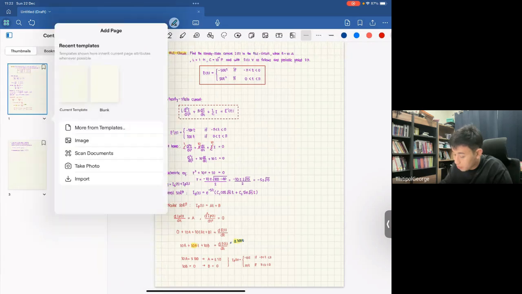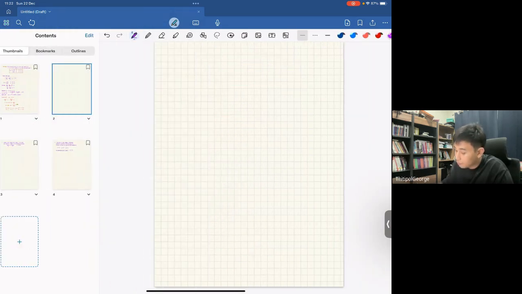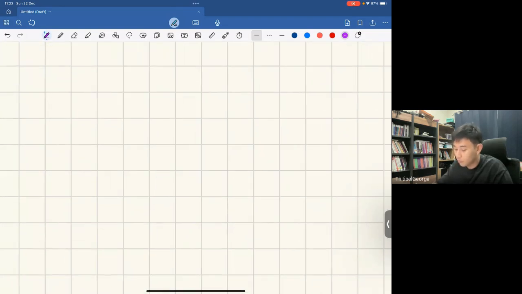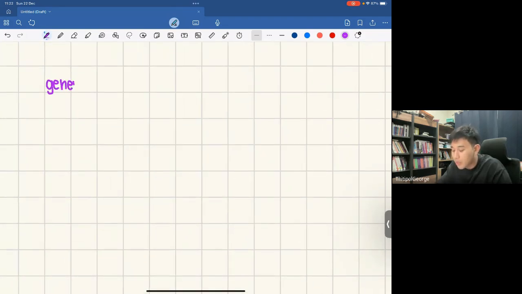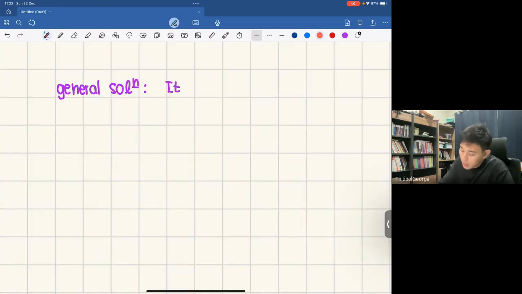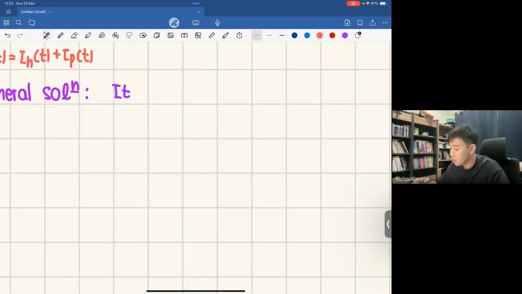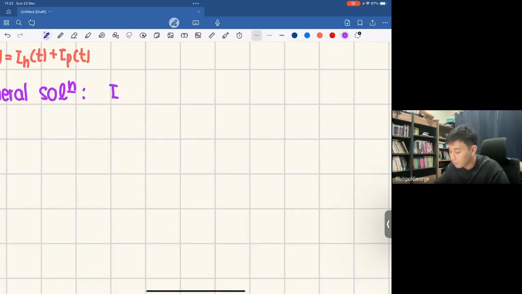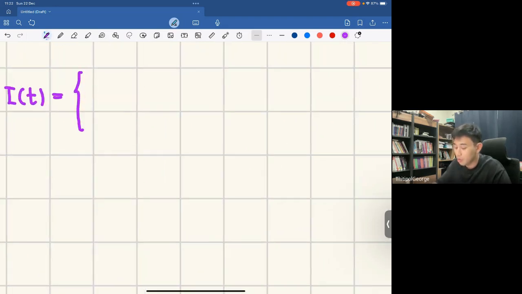So our general solution, I t, since we know that I t should be the addition of ih t plus ip t. So I t here is going to be, not square root, but we have two intervals.